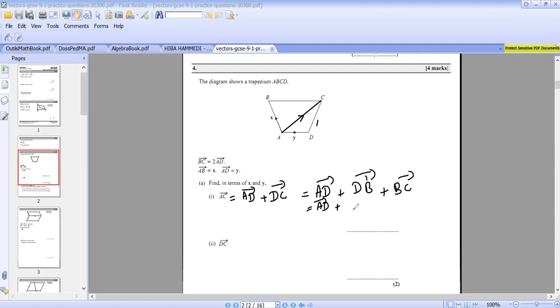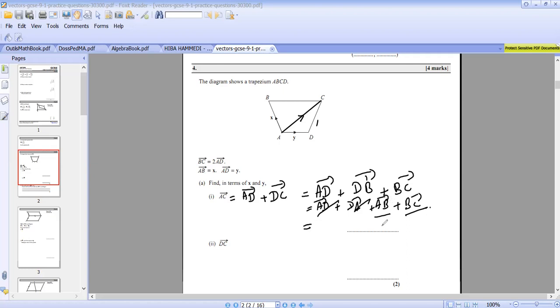I will have DA plus AB, right, plus BC. Right, so I have the value of BC, I have the value of AB, and AD and DA, they kill each other. Well, maybe from the start, I should have introduced the B, not the D, right?